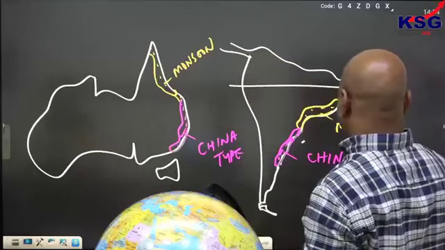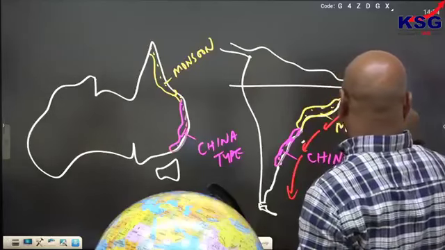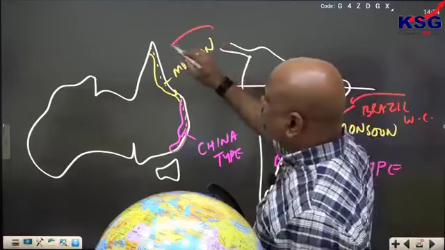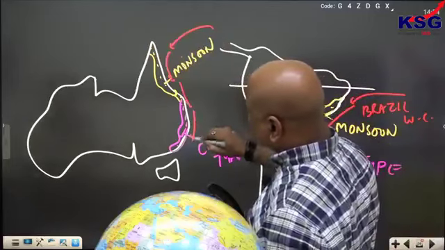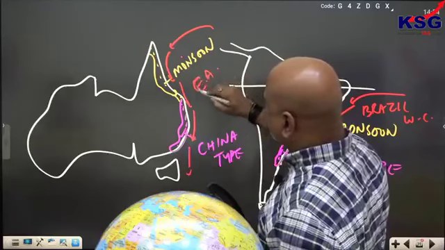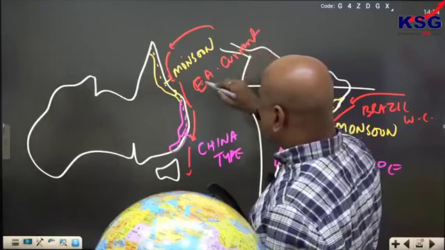Here is an ocean current. Which ocean current is this? Brazil warm current. Here is an ocean current. What is this? East Australian current.